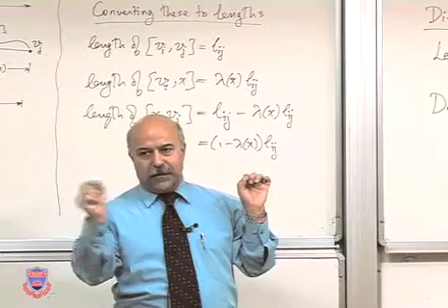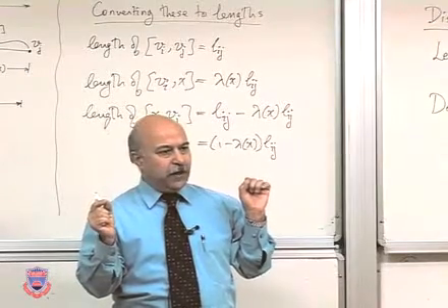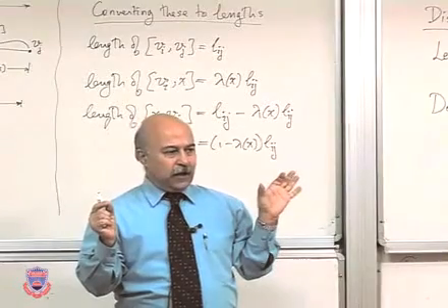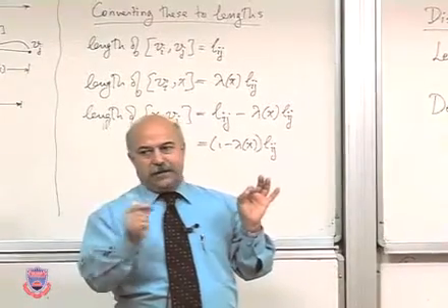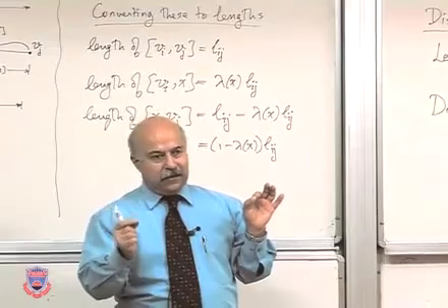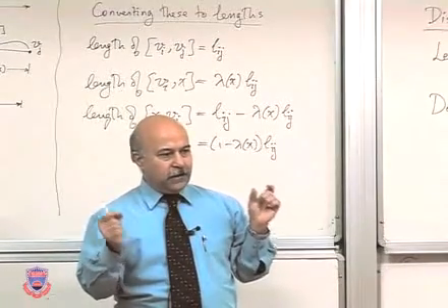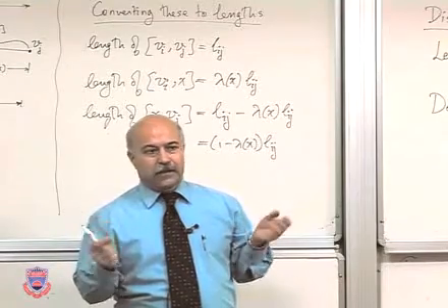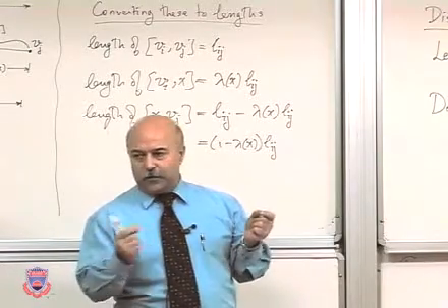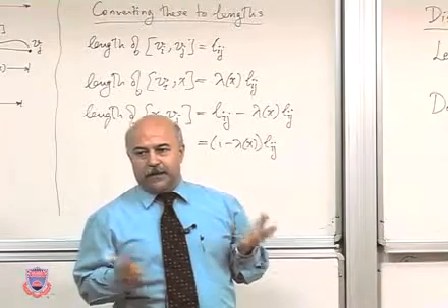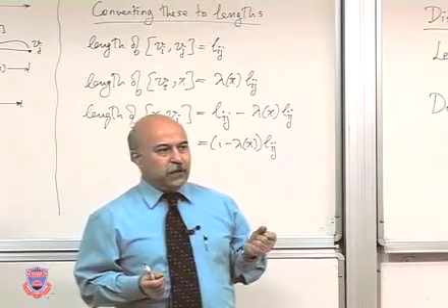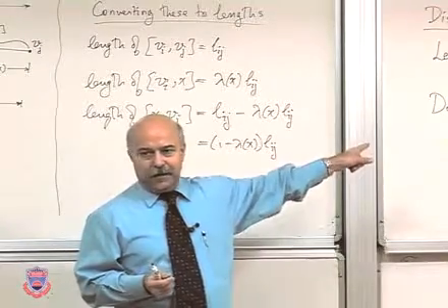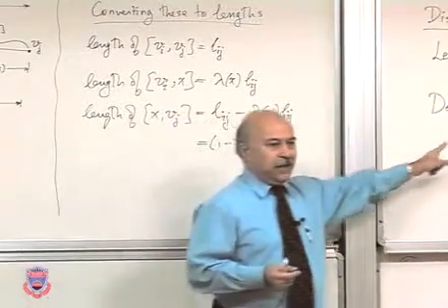Since the network is connected, there will be at least one such path, and that path will consist of subarcs plus regular arcs, the union of possibly some subarcs and regular arcs. So whatever it consists of, you simply add up the lengths of those arcs. That defines the length of that path. And of all such paths, you pick one which minimizes the length, and that's the value of dxy.